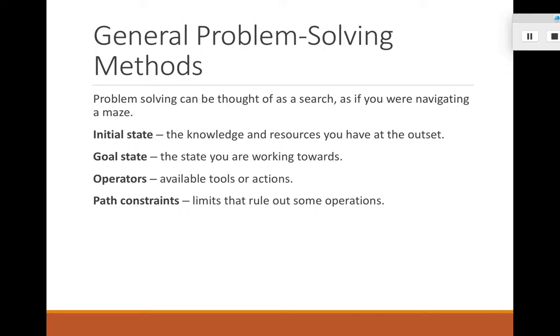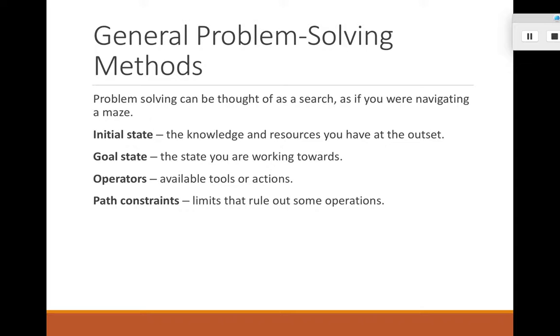And then we also have what are called path constraints. With path constraints, we have limits that rule out some potential operators. So let's say, for instance, that you want to buy a house. And one of the ways that you can buy a house is by having money. How do you get money? Well, one of the ways is by working very hard day after day, year after year, and saving up enough money so that we can actually purchase a home, right?